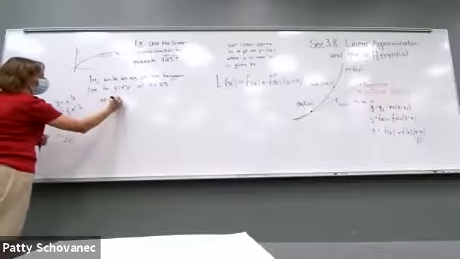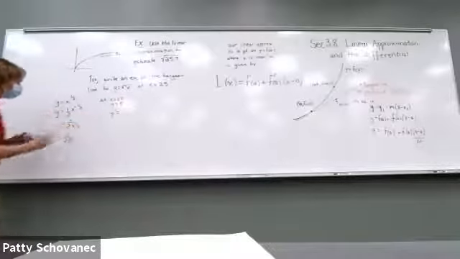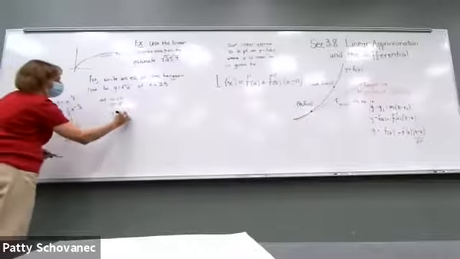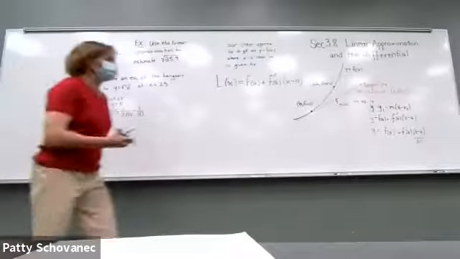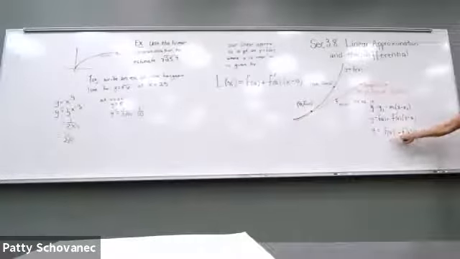At x is 25, y is going to be 5, and y prime is going to be, well, you're putting a 25 in down here. Are you getting 1/10 for me? Now we're going to fill it in here. That's going to be 5 plus 1/10 times my x minus 25.